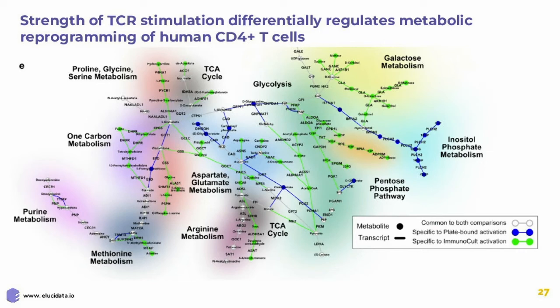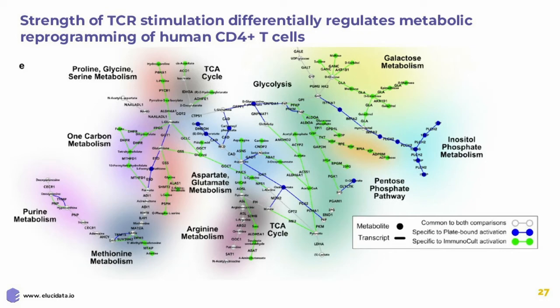However, with ImmunoCult, it seems to utilize a lot less biochemical enzymes and is mediated by these enzymes GGT1 and ESD. So there were differences that accompanied plate-bound versus ImmunoCult activation, not only in terms of effector functions, but also which metabolic networks were being engaged in the T cells.